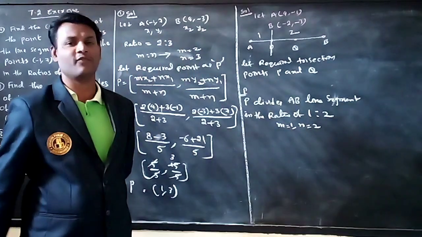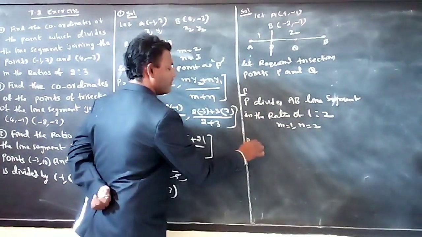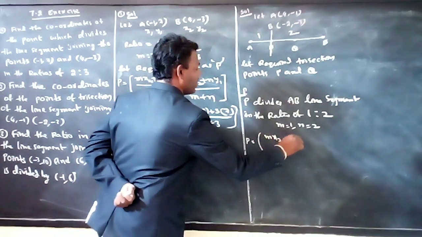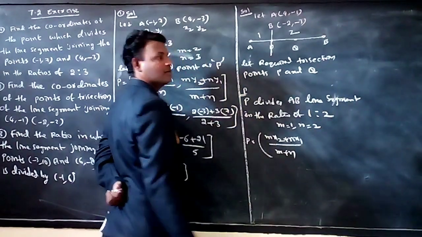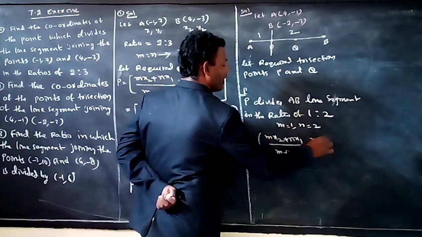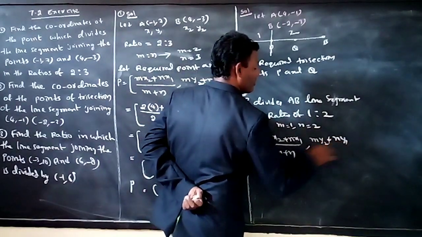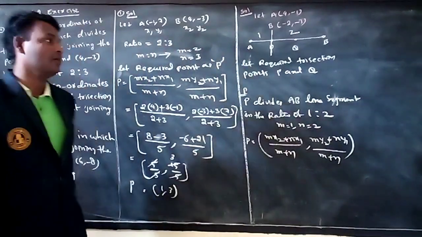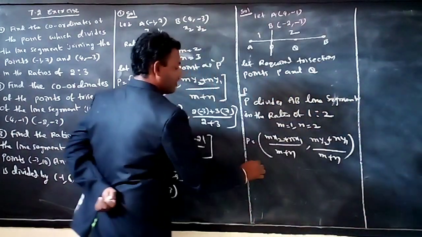Already we have the section formula. According to the section formula, what can we write? P is equal to (mx2 + nx1) by (m + n), similarly (my2 + ny1) by (m + n). So this is the formula to find P. Now apply the values.